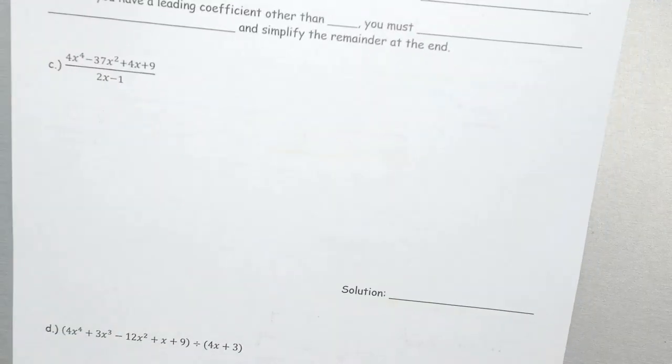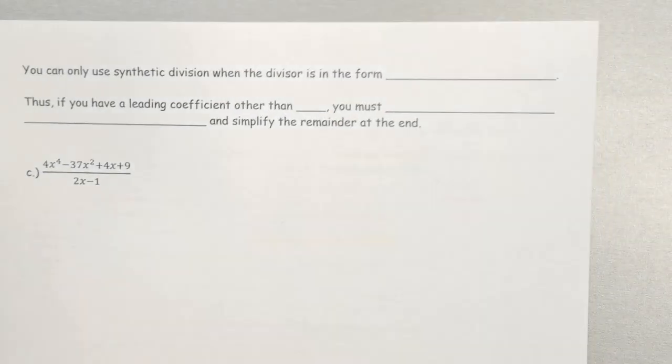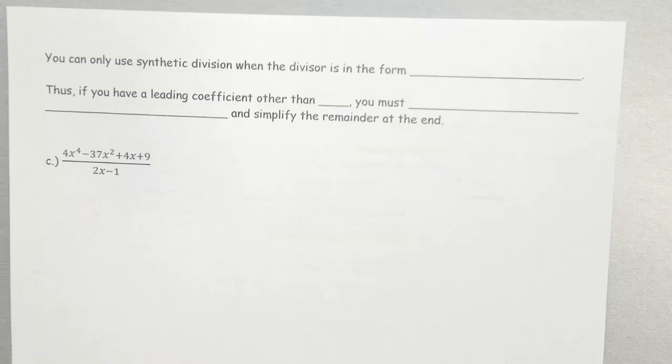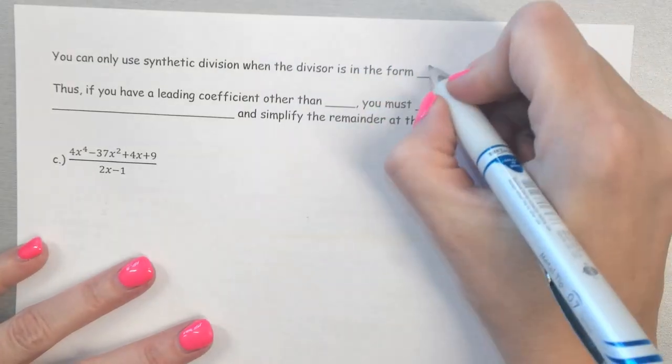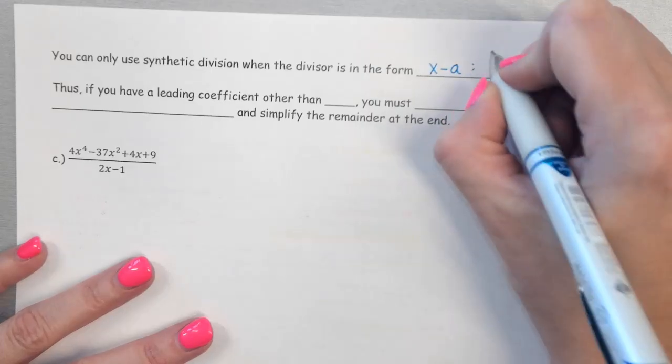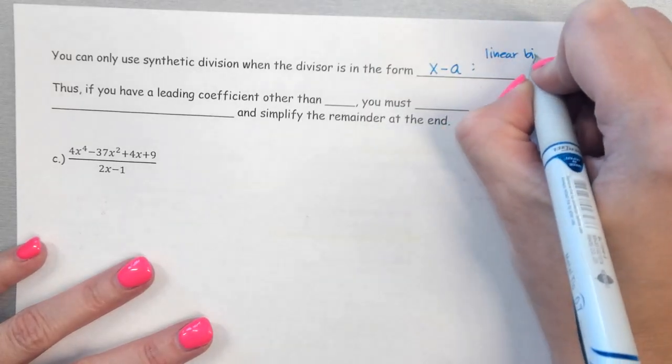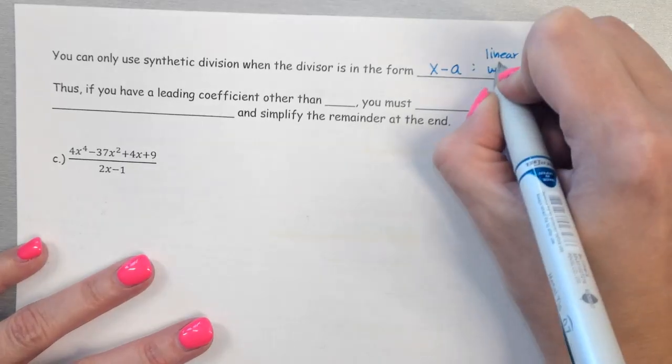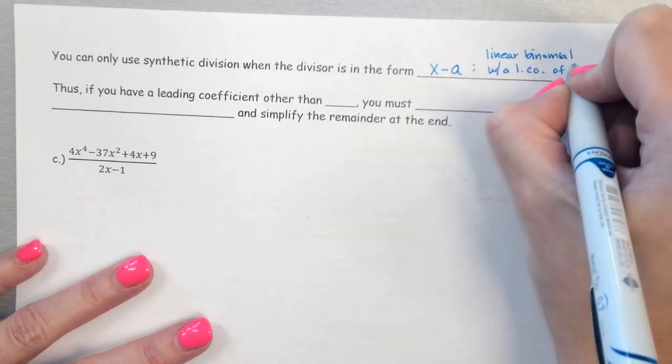Some of you may be thinking, well, why didn't we do this yesterday? Because this is so easy. Who even cares about long division? Valid thoughts, but you can only use this with certain forms. If you were trying to divide a quadratic, you wouldn't be able to use synthetic division. You can only use synthetic division when the divisor is in the form x minus a, which is a linear binomial with a leading coefficient of 1.